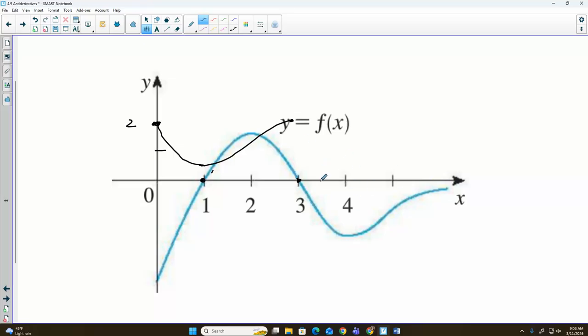It never hits 0 again, so I don't have any other maximums or minimums. But what's happening right here? If it's flattening out, what's that telling me about my function? It's decreasing at a slower and slower rate, so it's kind of like a horizontal asymptote. It's still decreasing because the derivative is still negative, but less and less.